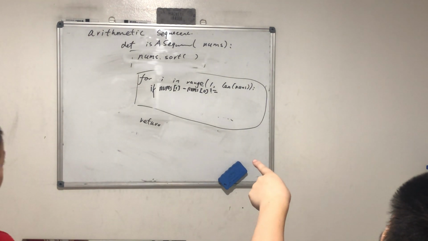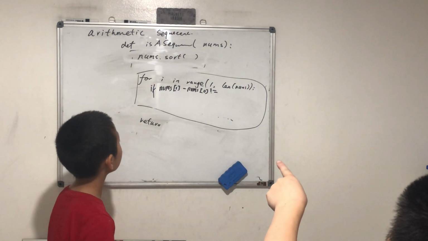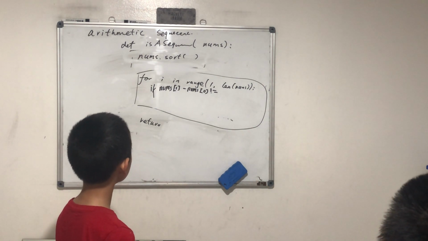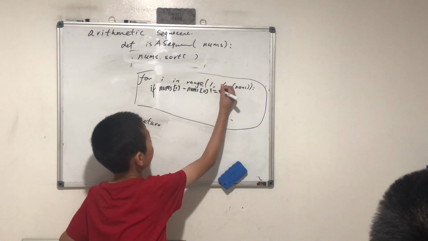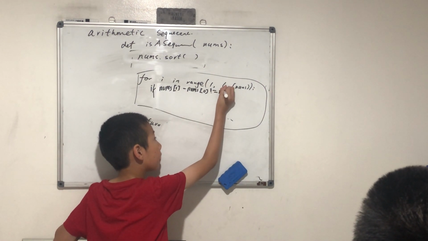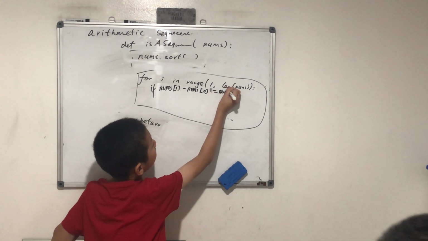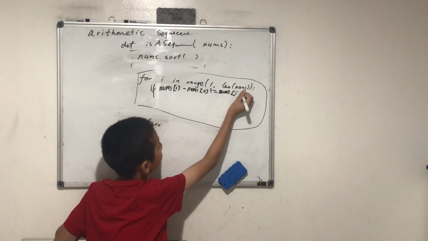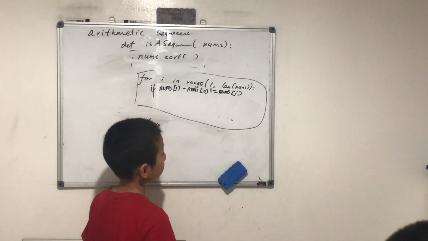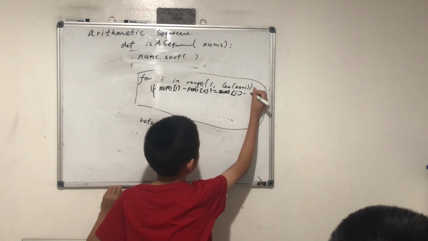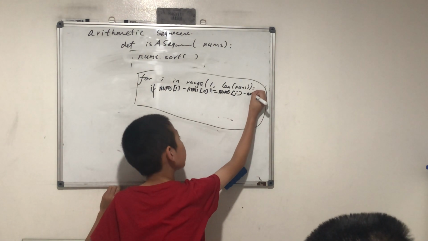We are iterating with I, so we take the element at I and subtract the I minus 1. Look, I start from the second number, right? So if not equals nums I minus nums I minus 1. Remember, nums I minus nums I minus 1.